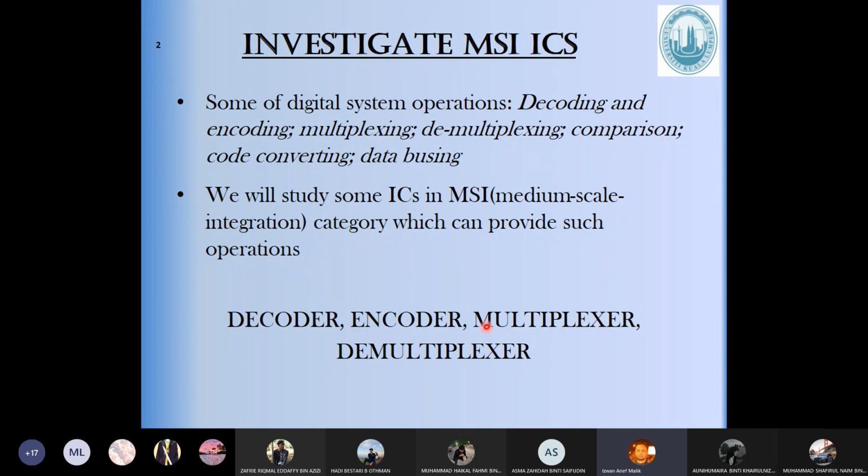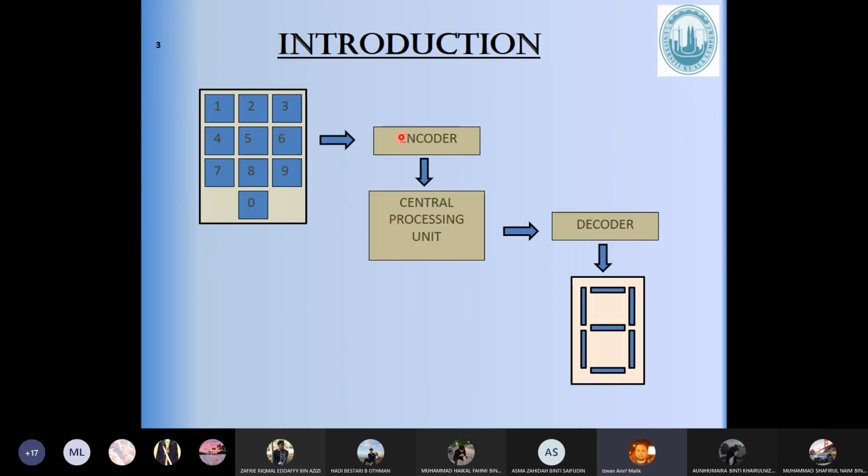Alright, so these 4 ICs of decoder, encoder, multiplexer and demultiplexer are MSI ICs, which is the medium scale integration. Right, so we know the MSI ICs consist of how many gates and everything from topic 1. Okay, so introduction here, we look into the first 2 MSI ICs, which is the encoder and decoder.